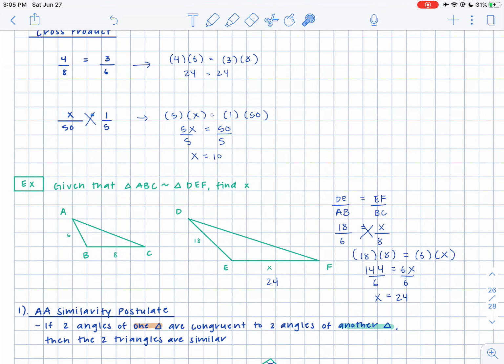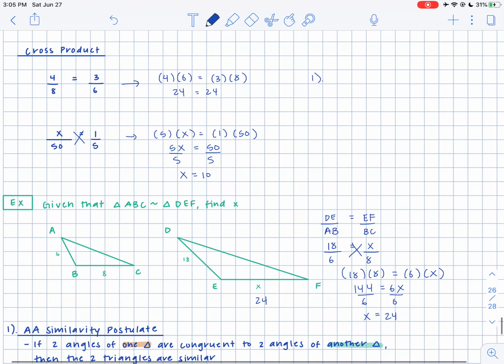So now before we get into the shortcuts to determine similar triangles, I want to remind you of the shortcuts we used to determine congruent triangles. Remember, we had 3 postulates. We had side, side, side; side, angle, side; and angle, side, angle.